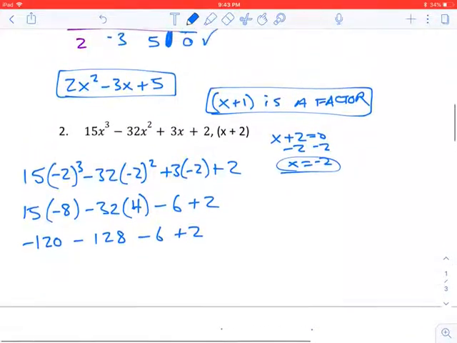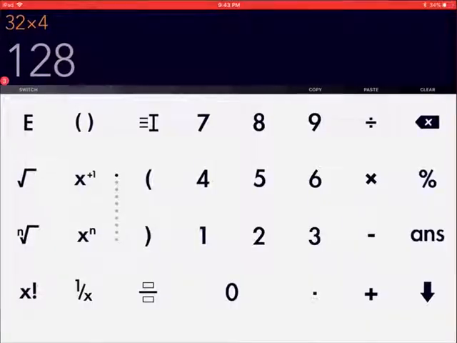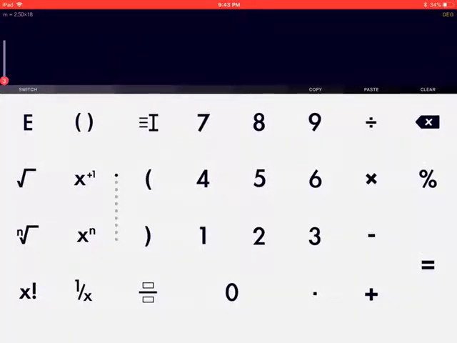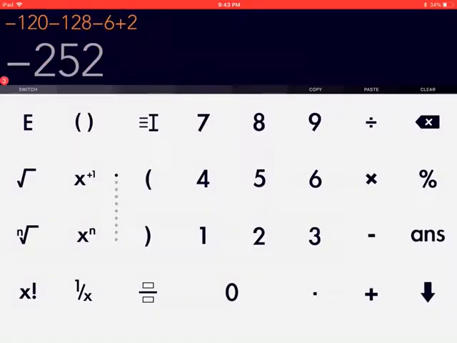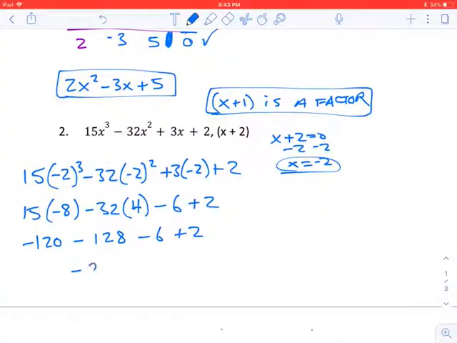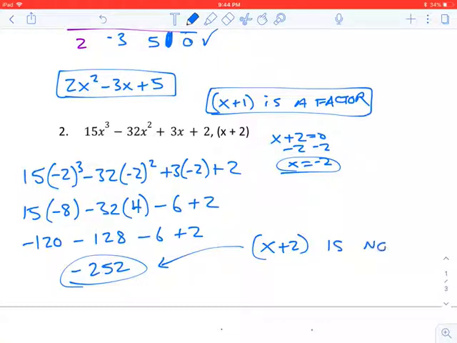And so when we add those together, negative 120 minus 128 minus 6 plus 2 equals negative 252. So since that is not 0, that means that x plus 2 is not a factor for this polynomial.